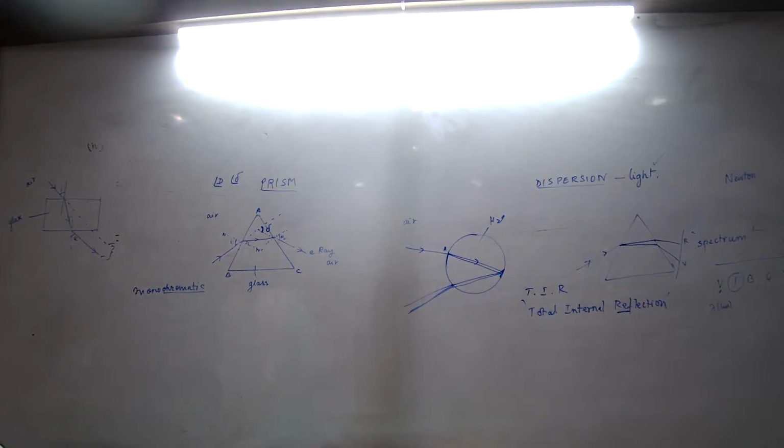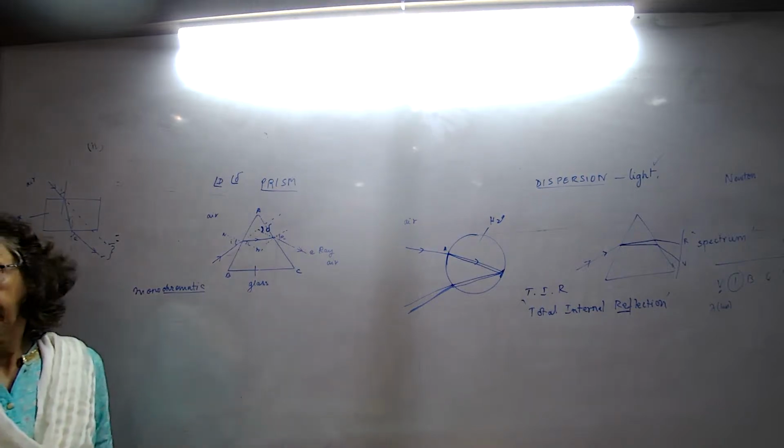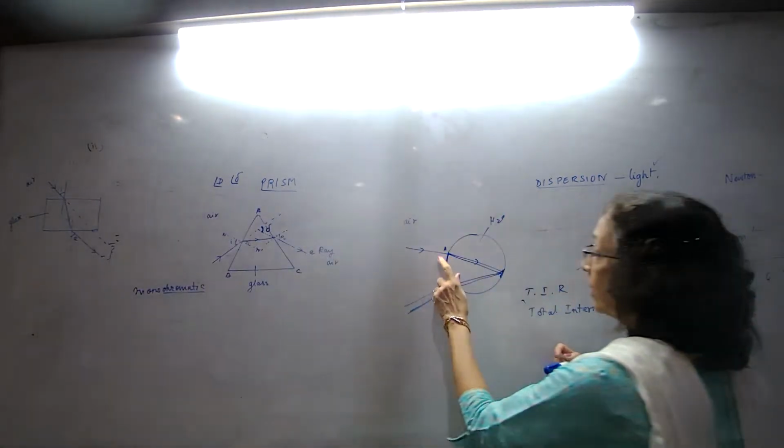The splitting of light into its component colors, which is 7 different colors, is called dispersion.